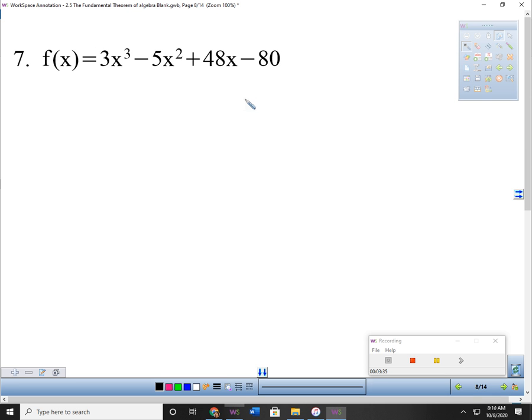Alright, so again, we are still finding all the possible factors first. So I'm going to list everything that multiplies to make 80. So we've got 1 and 80. I'm not going to separate them this time. I'll just do 1 and 80. And then it'll divide by 2, so 2 and 40.